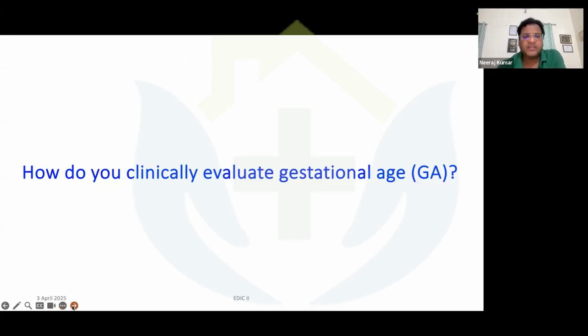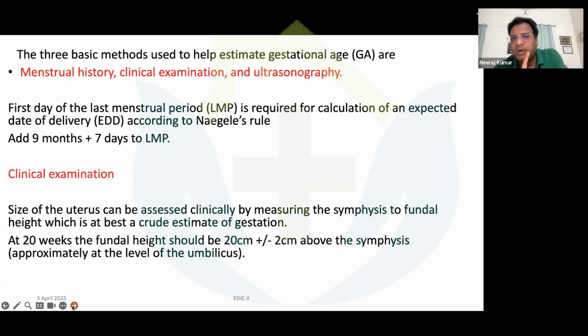For evaluating gestational age, you need to remember the three basic methods used for its measurement. What are the three basic methods? That is very simple. You obtain a clinical history or menstrual history, then you perform a clinical examination, and third, you do ultrasonography.